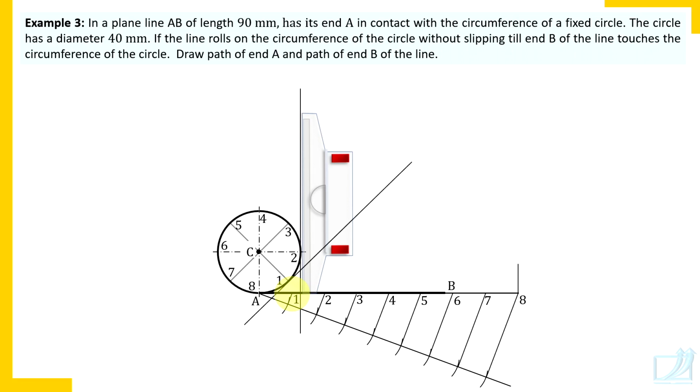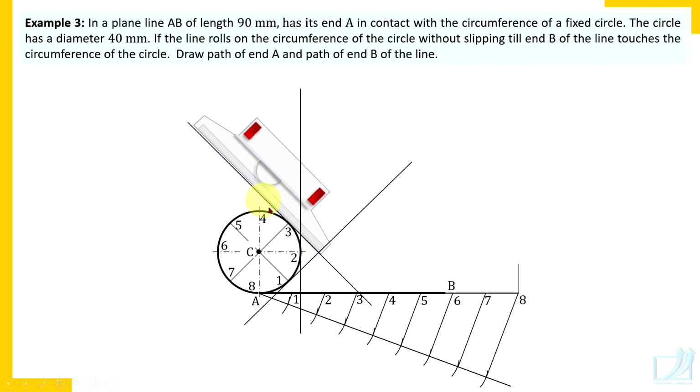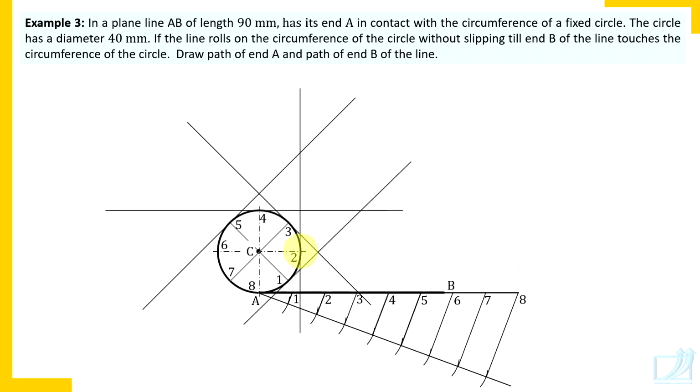So here tangent at 2 is extended on both sides of point 2. Draw tangent at point 3. Check here, it is extended on both sides. So this is how you draw tangents. I have drawn only 5 tangents. Had line AB been slightly longer, with 6 divisions on the line, we would have drawn the 6th tangent also. Okay.